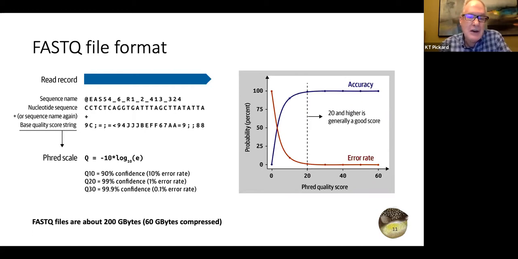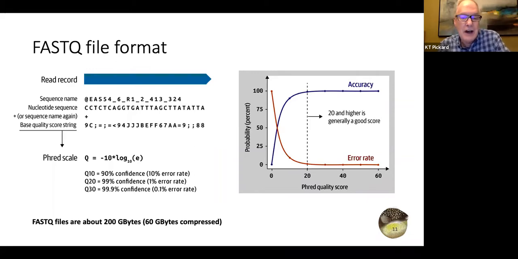It's a logarithmic scale that's used to show the quality of the score and how confident you are that that base is actually the one that you think it is. You can see on the right then what we're looking for are Phred scores that are generally higher than 20. Oftentimes we just discard data that have lower Phred scores.